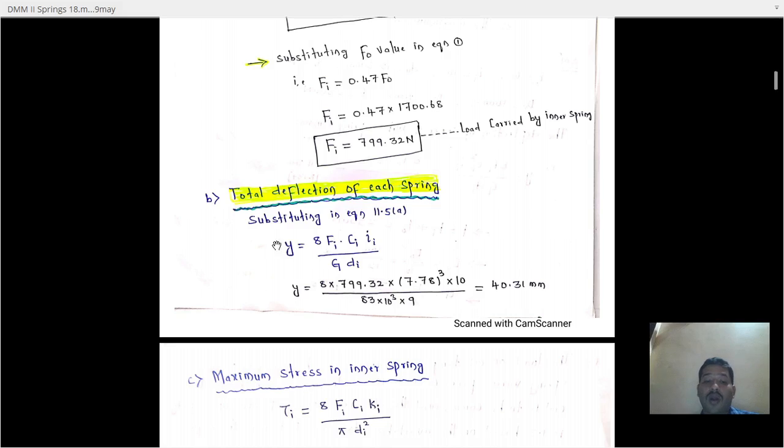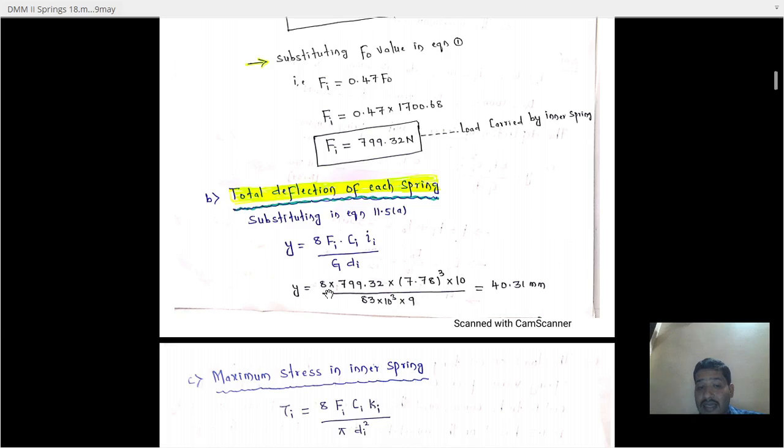Y equal to 8 Fi Ci cubed I by G into Di. 8 into Fi, the load carried by the inner of the spring, into Ci, the spring index of the inner spring, and I indicates the number of active coils of the inner spring, divided by G, the modulus of rigidity of the material, and Di, the wire diameter of the inner spring.